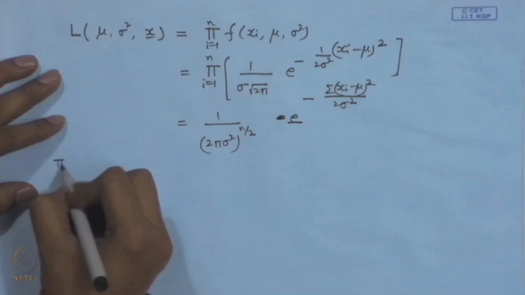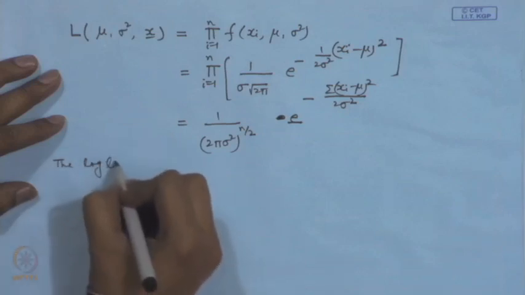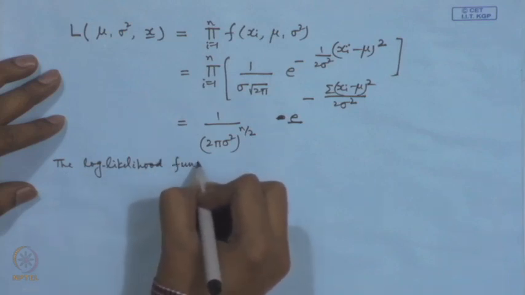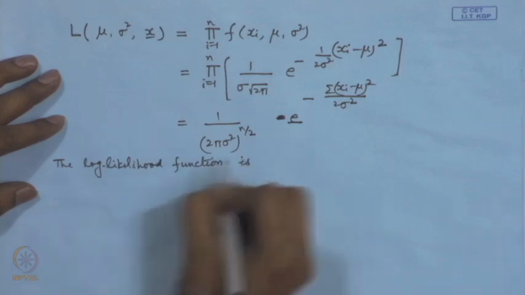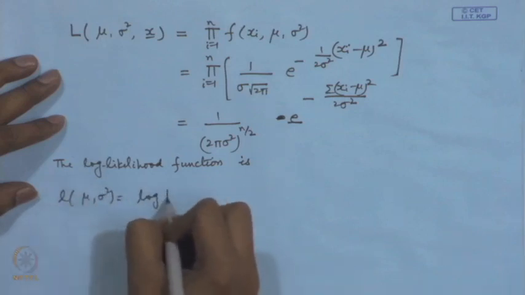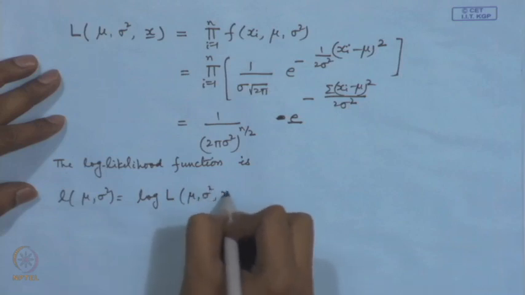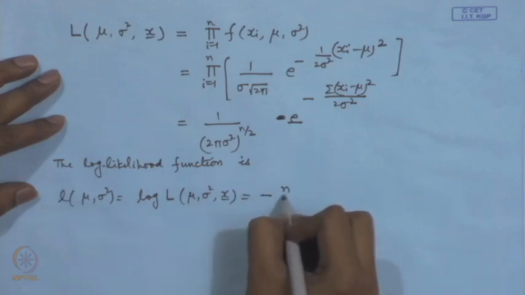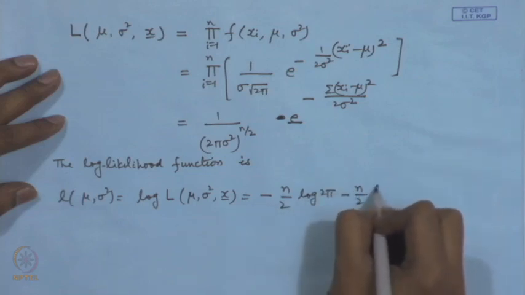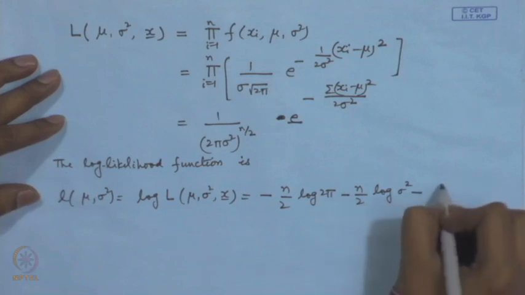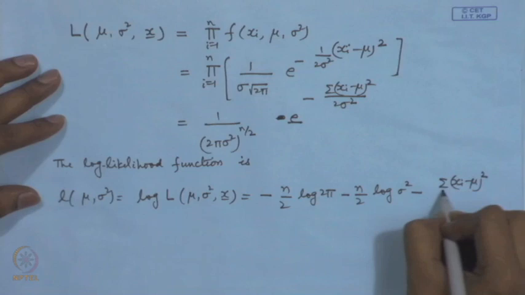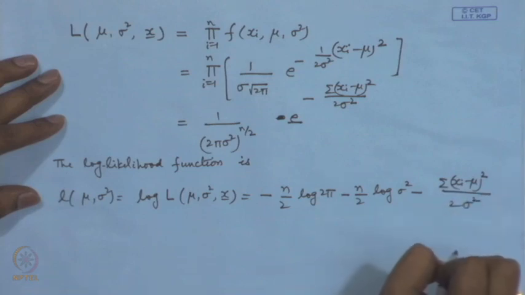So, the log likelihood, log of L(mu, sigma square; x), is equal to minus n by 2 log of 2 pi minus n by 2 log of sigma square minus sigma (x_i minus mu) whole square divided by twice sigma square.